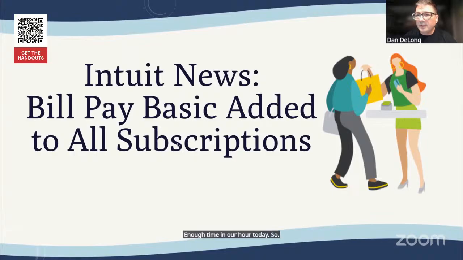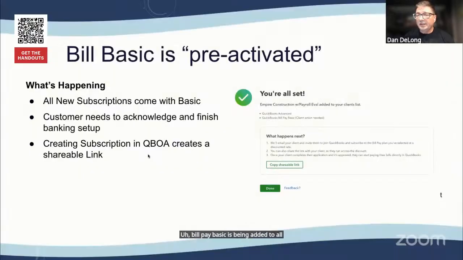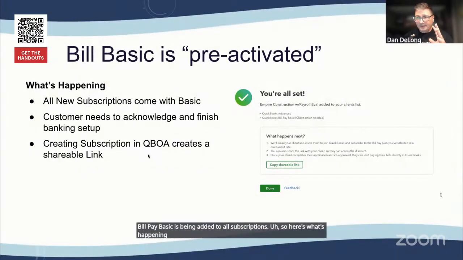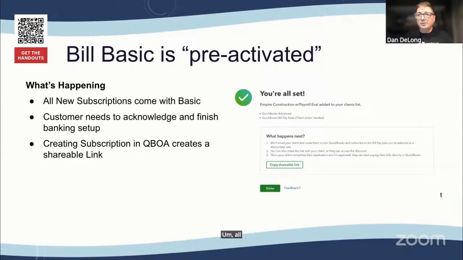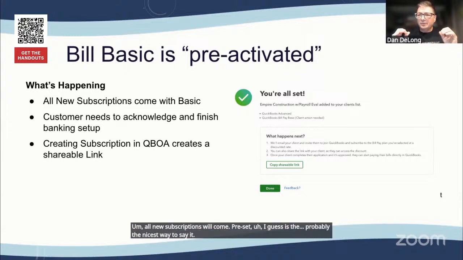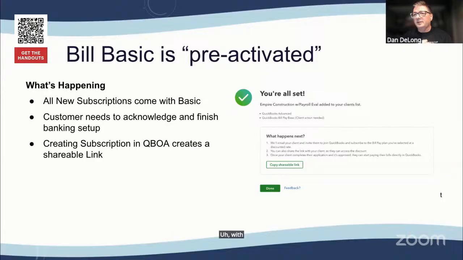So if you hadn't noticed, Bill Pay Basic is being added to all subscriptions. So here's what's happening. All new subscriptions will come pre-set, I guess is probably the nicest way to say it, with a Bill Pay Basic subscription.